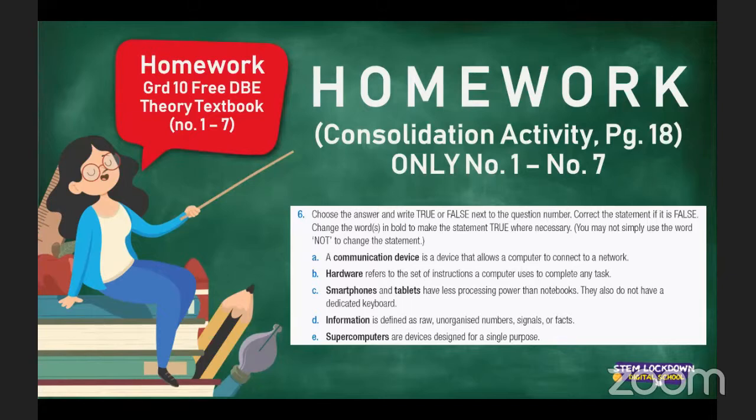This is amazing. So what makes it true, guys? What word would I have to change hardware to make this statement true? Software. Look at you go. I'm so proud of you. Software refers to the set of instructions a computer uses to complete any task. So that should give you a way on how we're going to answer this for the homework.